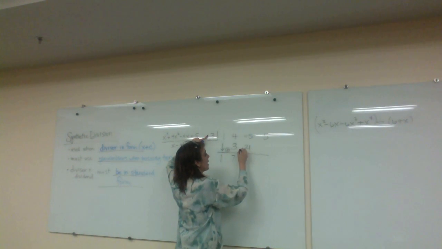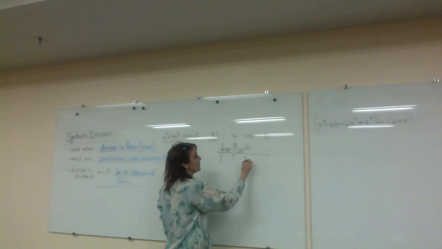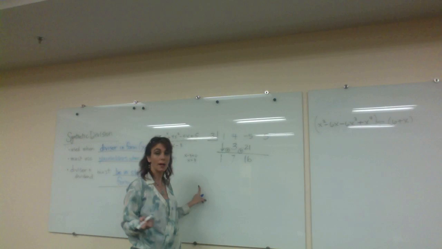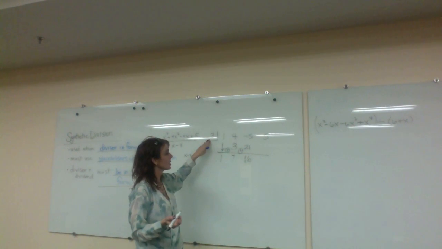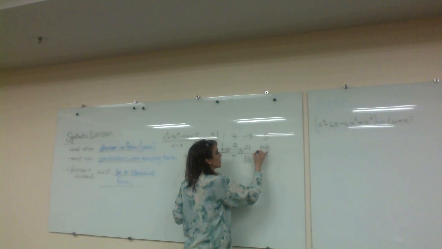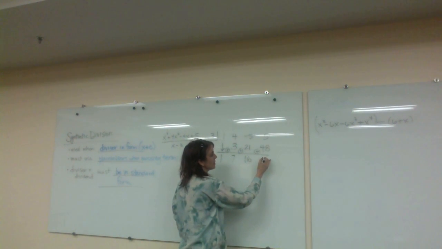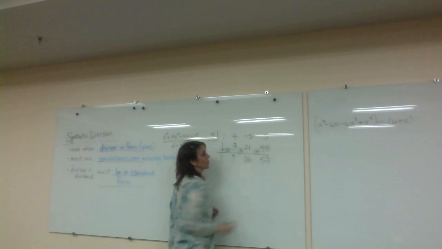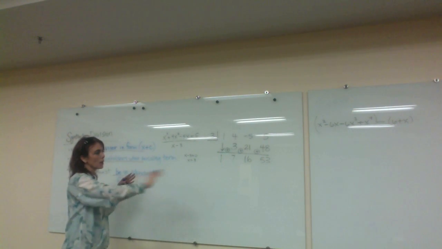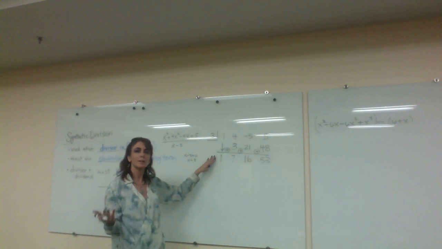I'm going to add these things straight down. Negative 5 plus 21 is 16. Okay. 16 times 3, that's 48. All right, I'm going to add this to what's above it. 48 plus 5 is 53. So I get this row of constants, and what they actually represent is a polynomial.